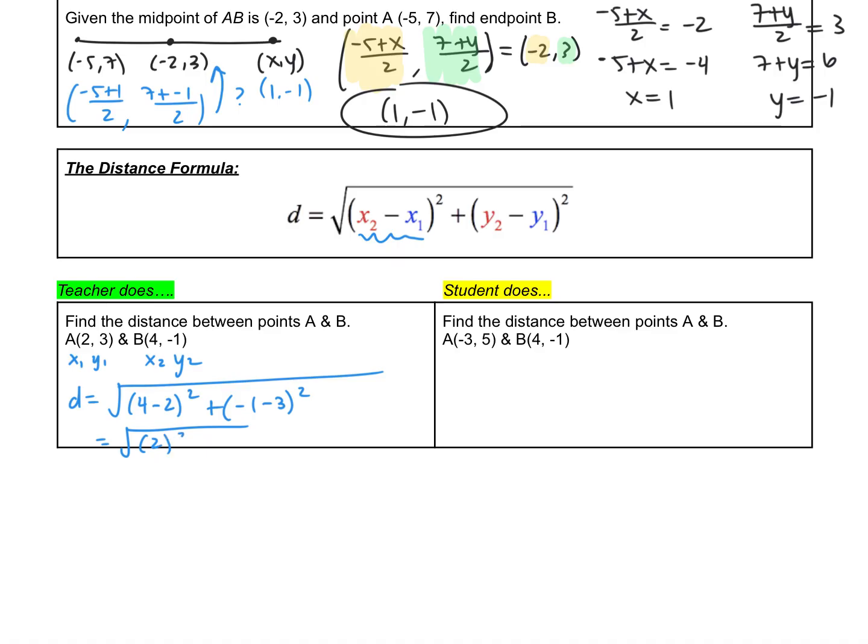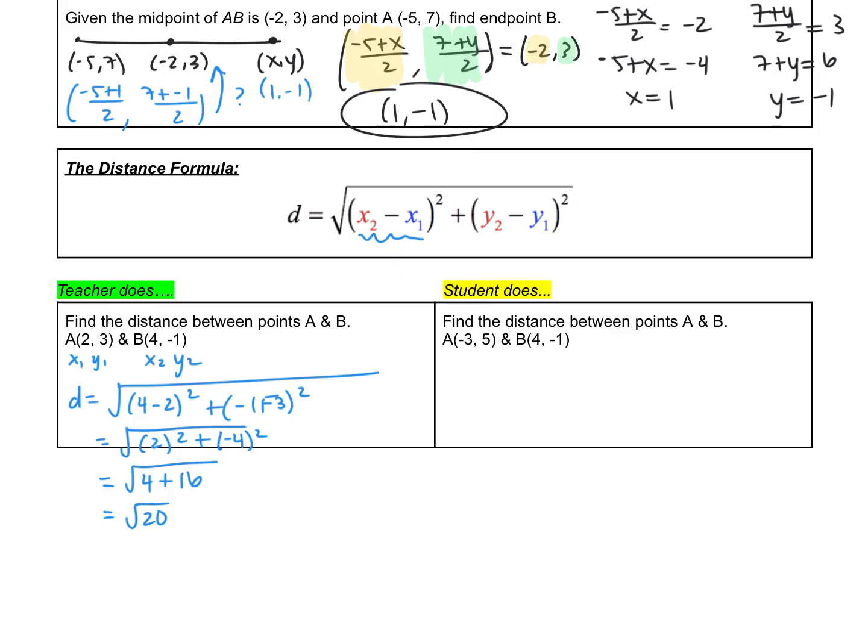So I end up with 2, and then this is really a -4. Then I can square. So 2 squared is 4. -4 squared is positive 16. So this ends up being the square root of 20.